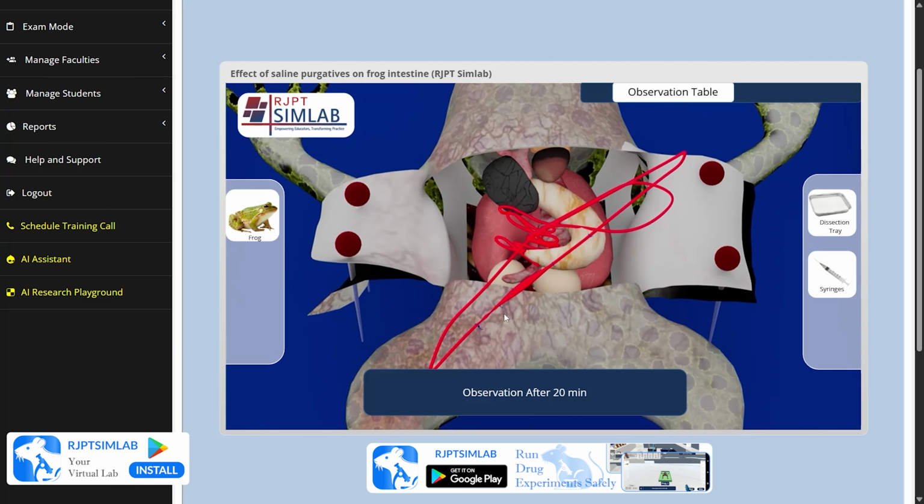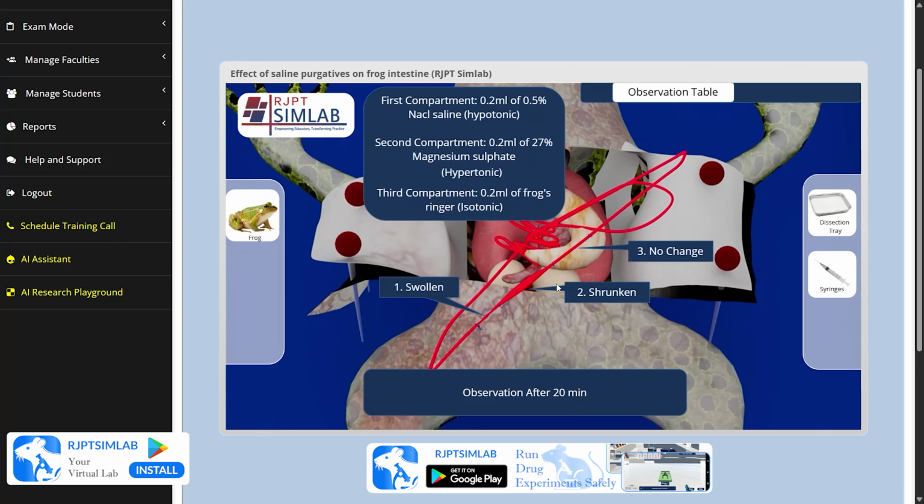As we can see here, we have made three compartments, and we are observing that the first compartment has shown its effect, and the second compartment has shown its effect. It can be seen that it is swollen, and the third compartment has shown no change because of the isotonic solution. The isotonic solution has shown no change in the lumen.